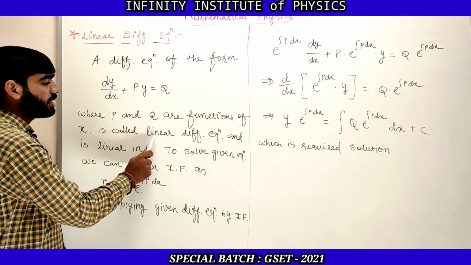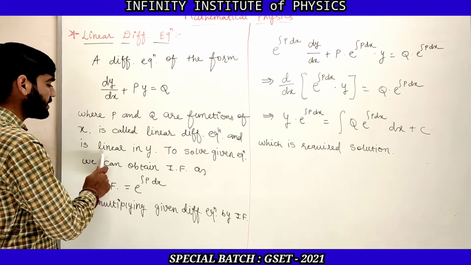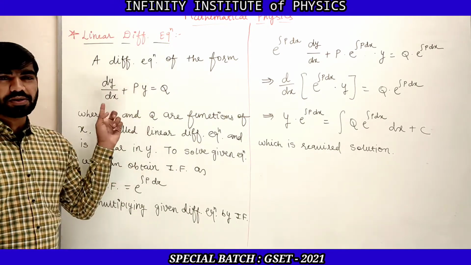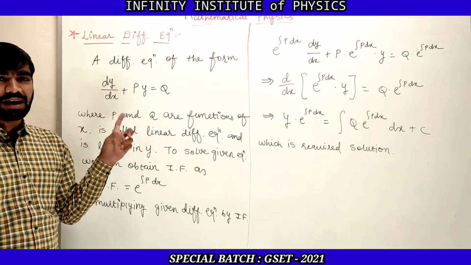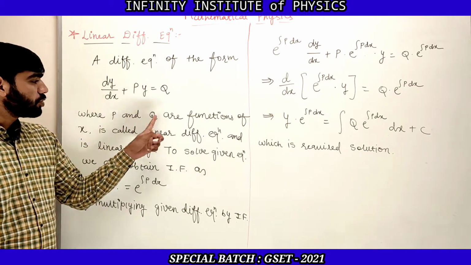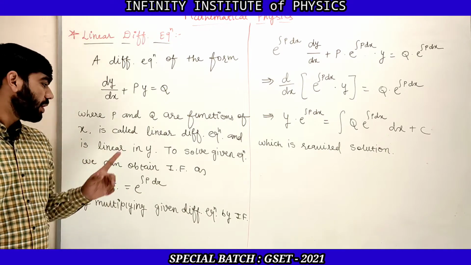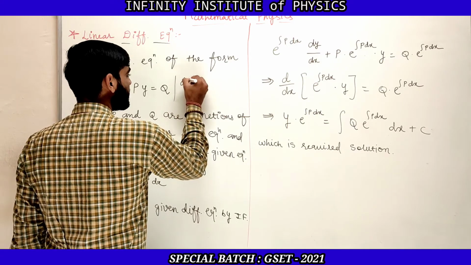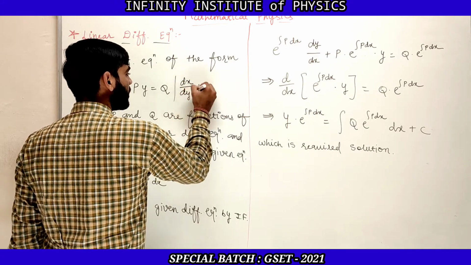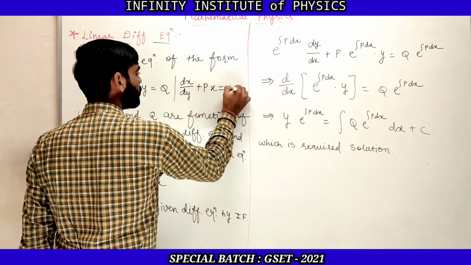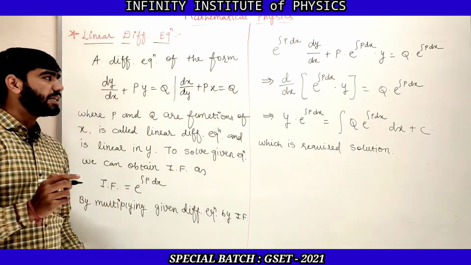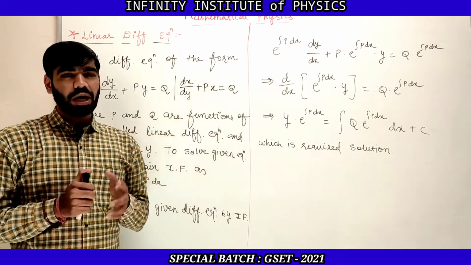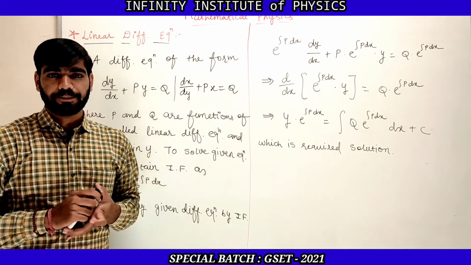Then it is called a linear differential equation, and it is linear in y. P and Q must be functions of x. In the reverse case, if we have the differential equation of the form dx/dy + Px = Q, then this is known as the linear differential equation in x, where P and Q are functions of only y.